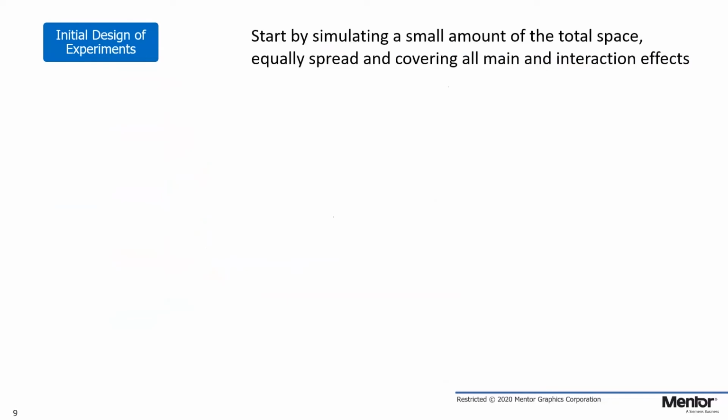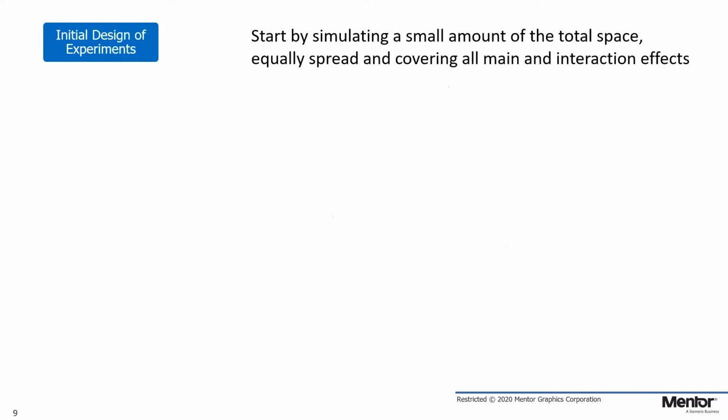I'm going to go over the way that this works. So what we start off with is we don't know anything about your circuit. Sometimes we can take historic data and roll it in as long as what you're looking at now behaves similarly, but a lot of the time it doesn't really carry over that well. So what we do is start with an initial design of experiments to learn something about the circuit under test.